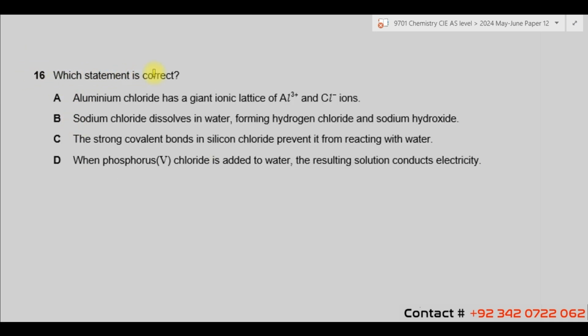Question 16, which statement is correct? Part A, aluminum chloride has a giant ionic lattice of Al3+ positive and Cl- negative ions. Now for aluminum chloride, we know it exists in two different forms. One is AlCl3 having a giant ionic lattice, and there are Al3+ as well as Cl- ions.